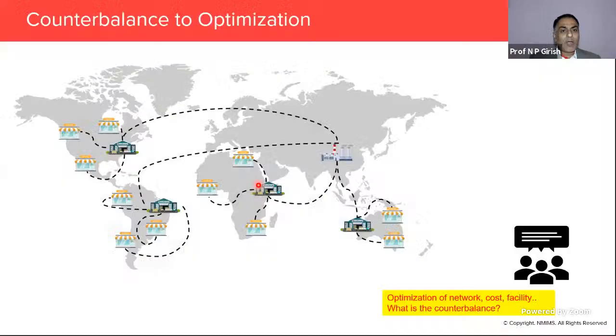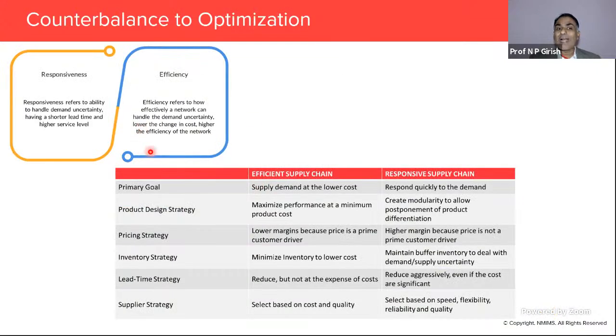About the lead time. Where is the lead time, Funda? When we talk about lead time, we are talking about two aspects, responsiveness and efficiency. Responsiveness refers to the ability to handle demand uncertainty, having shorter lead time and higher service level. So you are able to respond quickly. 40-ton truck, 50-ton truck, responsiveness is low. 30-ton truck, responsiveness is better than 40, I believe, right?